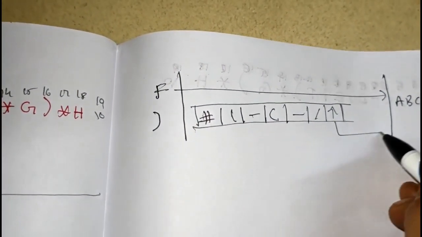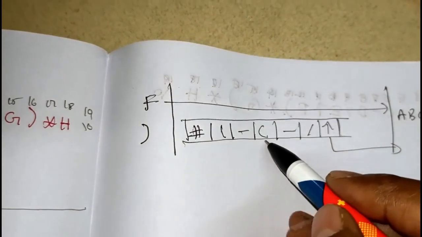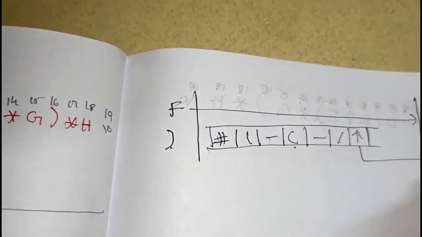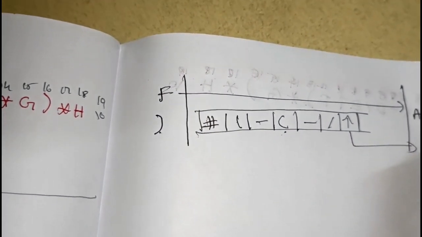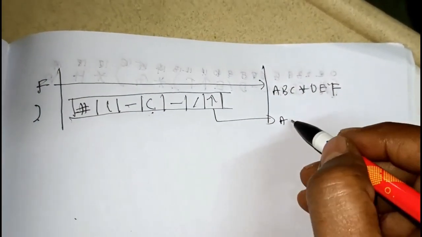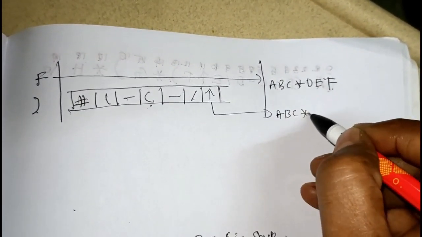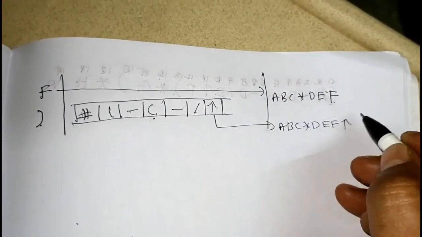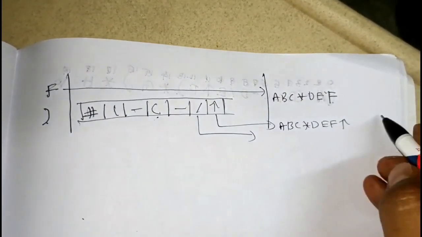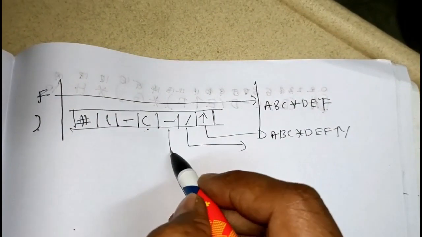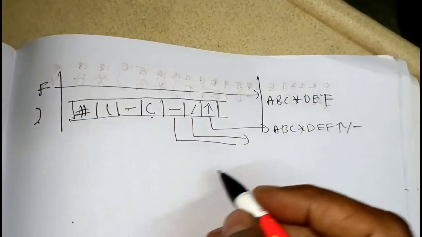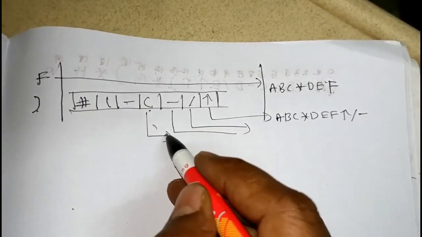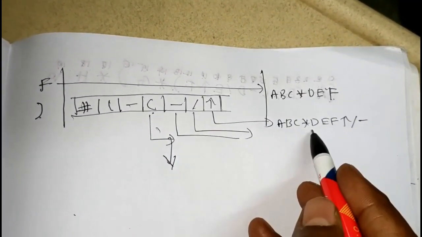You will pop all until you find open parenthesis, right? You saw the closed, so now we are going to pop each and every operator. Now pop, next this also you will pop, you are going to pop even minus. Now this you will pop, but you will not store it in postfix.